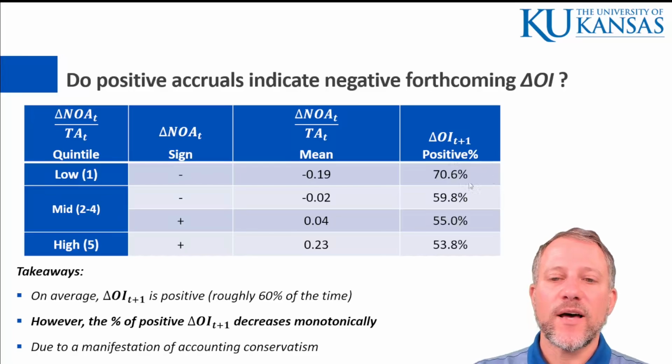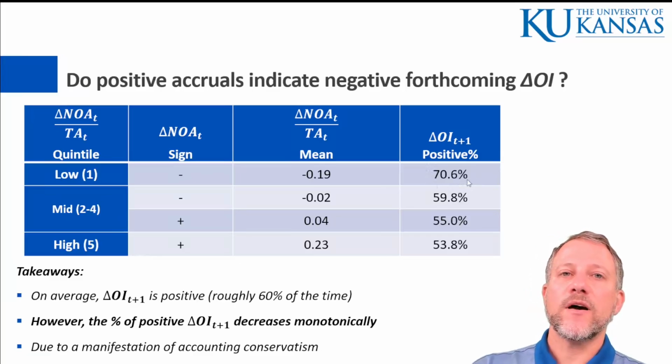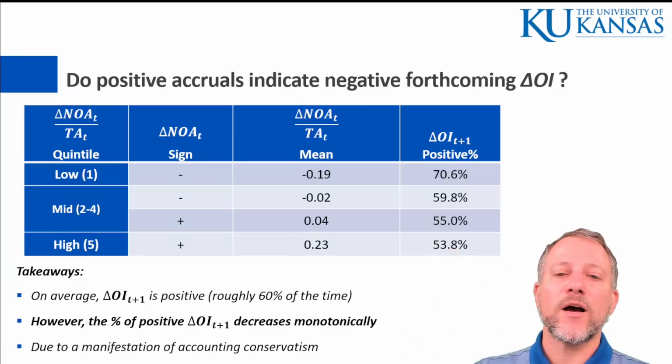And what we see, consistent with this accrual reversal or conservatism concept, is that if you had a large negative accrual in the current year, you're even more likely to recover in the following year. So you have a 70.6% chance that your operating earnings are going to increase. They're going to tick back up next year. And then that goes monotonically downwards.